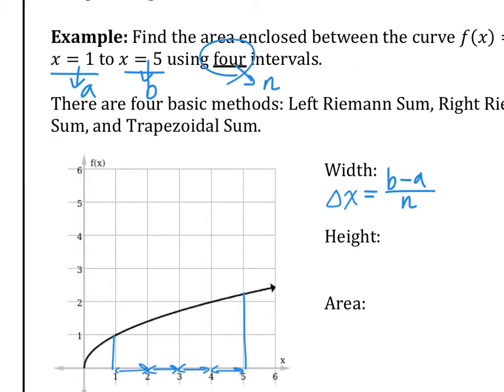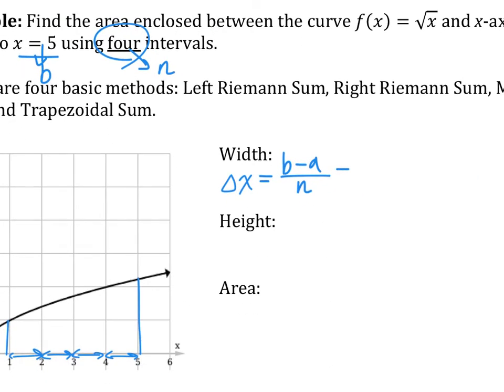Yes? So it's the total length, right? So 5 minus 1, the total length is 4. You're going to break it into 4 intervals, so then each one is 1 long. Yes? So that finds the width of the interval.